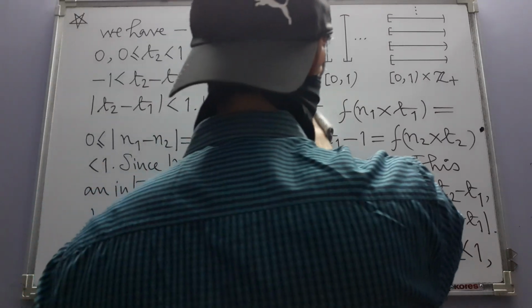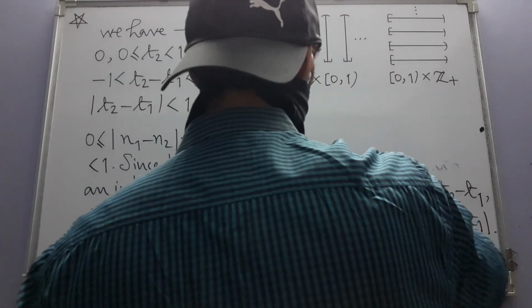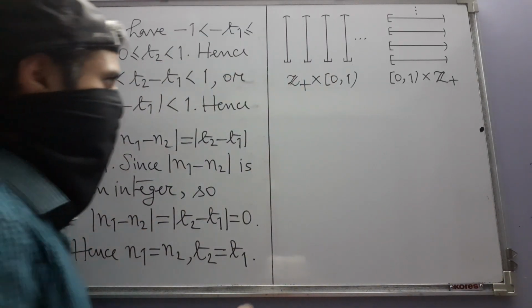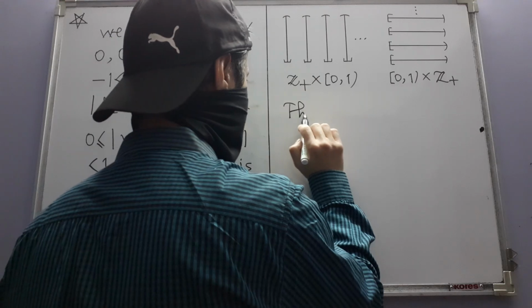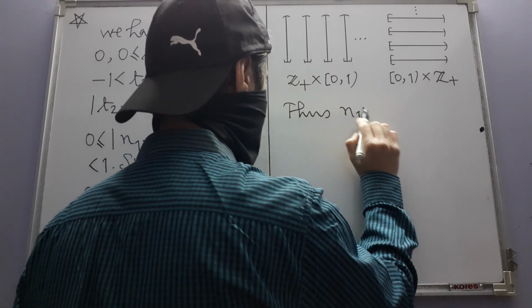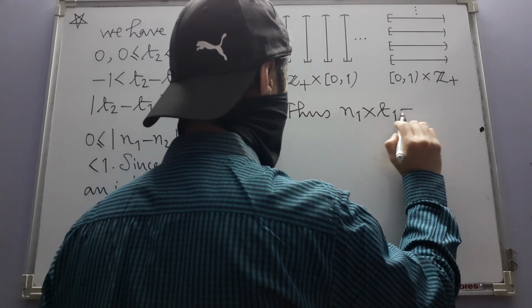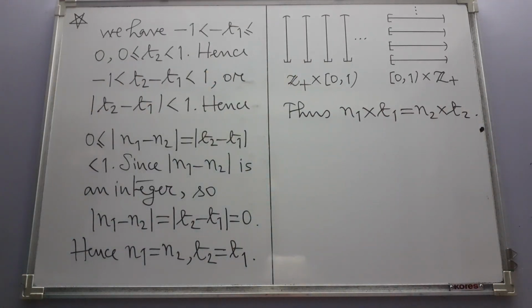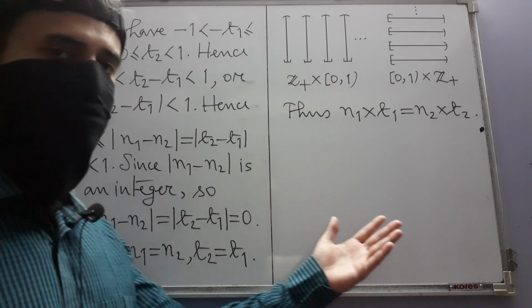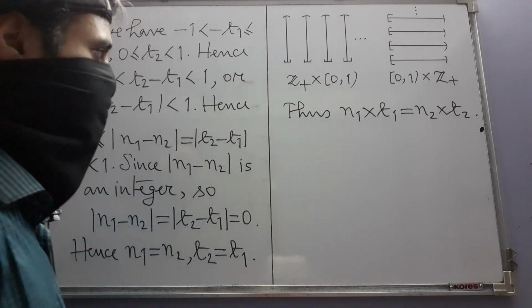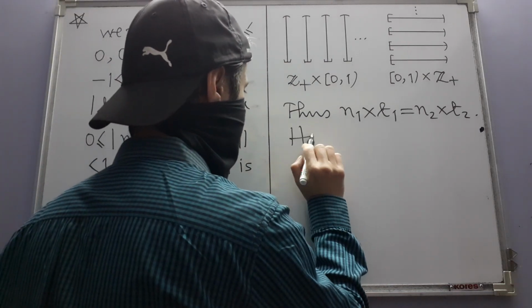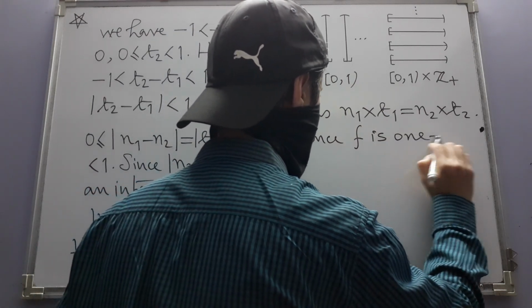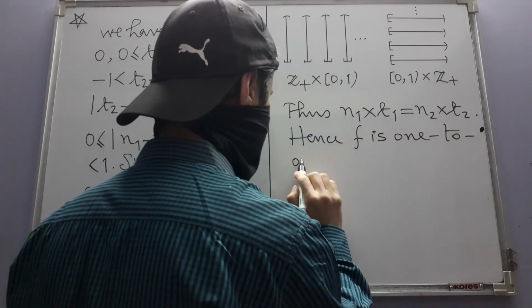That's it, just one more line. Thus, n1 times t1 is equal to n2 times t2. Assuming that the outputs are equal, we have successfully shown that the inputs are also equal. Hence, f is 1 to 1 or injective.